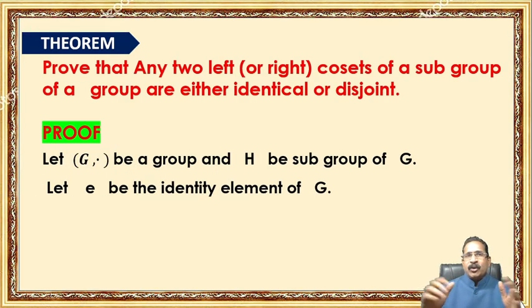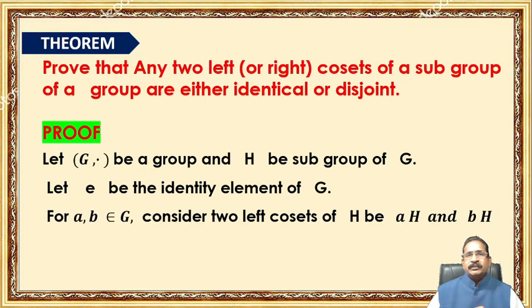Let G be a group and H a subgroup of group G. So e is the identity element in group G. To prove that any two cosets are identical or disjoint, first we take two left cosets.